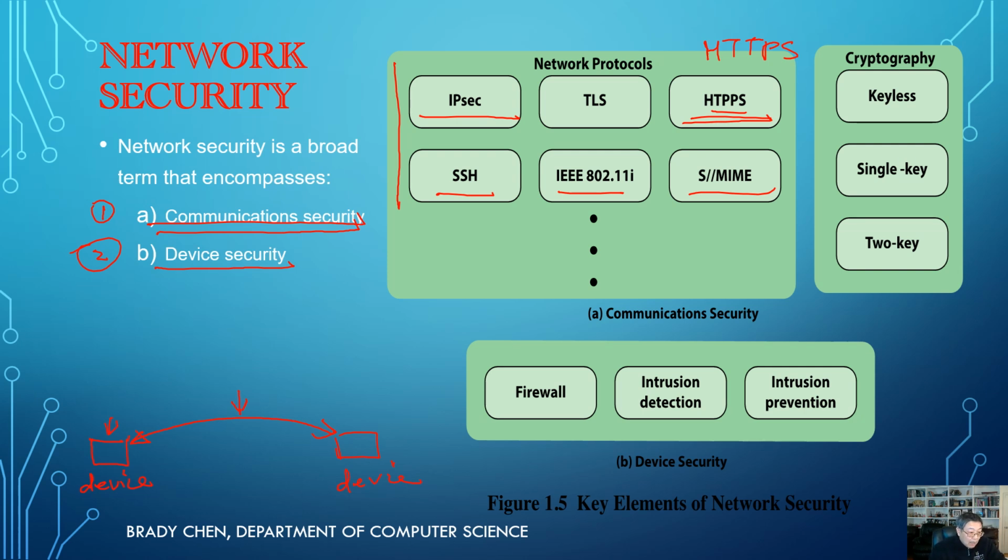And some, like a standalone protocol, could be some kind of algorithm implemented using cryptographic algorithms, like keyless, single-key, or two-key algorithms. For device security, these are the three types we typically talk about: the firewall, intrusion detection, and intrusion prevention. These will be talked about in detail later.